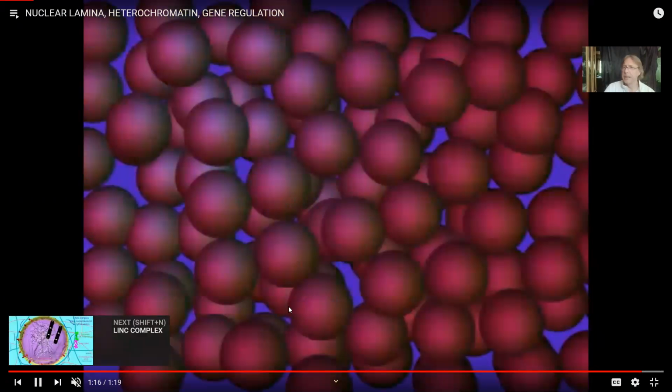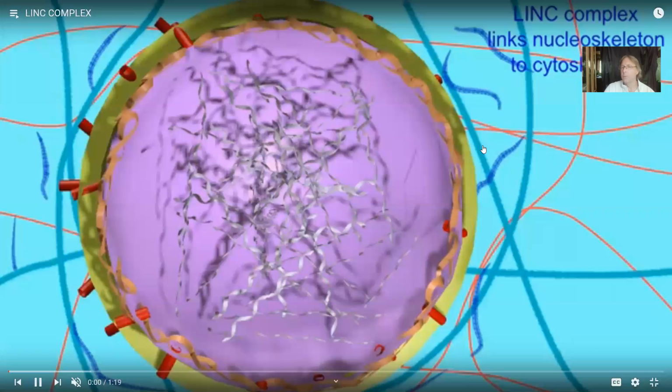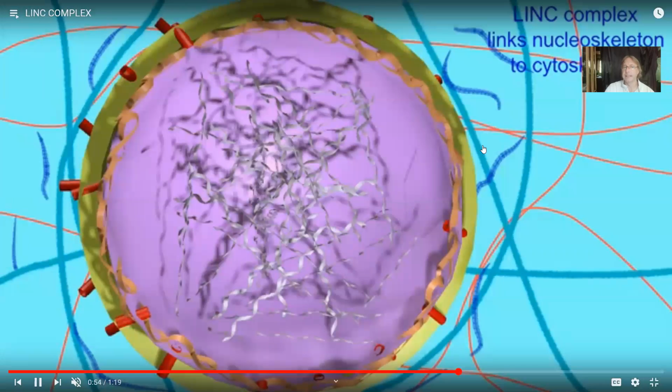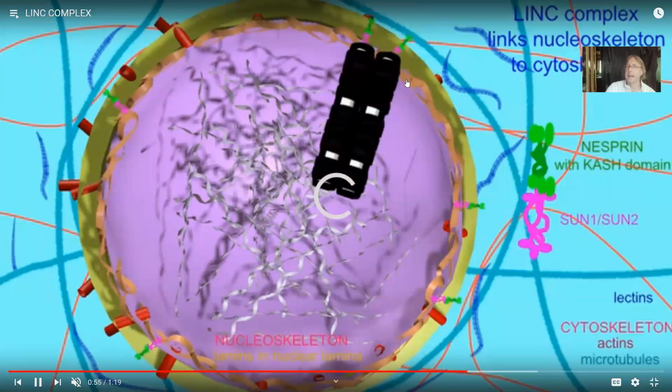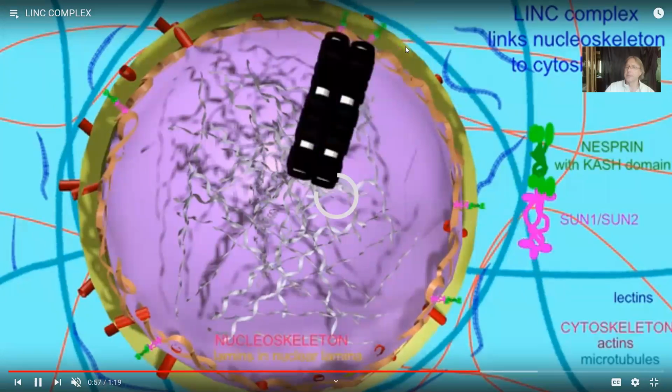And repeating a video from the cytoskeleton part, there are proteins which can link the cytoskeleton outside the nucleus to the nucleoskeleton inside the nucleus. And if these proteins then attach to chromosomes, then we can actually move them and position them the way we like.